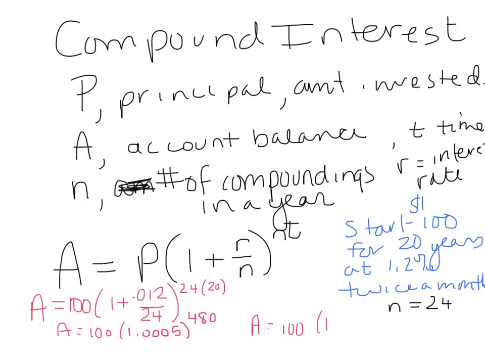I think it was like 1.27. Okay, and then of course when I work on that I get 127. So I have $127 is my account balance after 20 years when I left it sitting in there forever and ever. Okay, better than simple interest, I promise you. Compounding, and the more compoundings you have, the better. You'll get more money in the end.